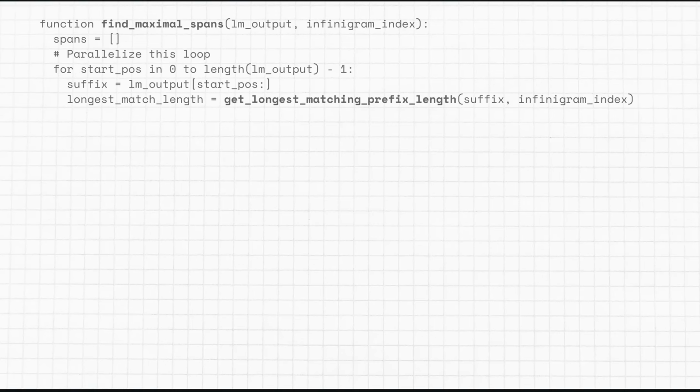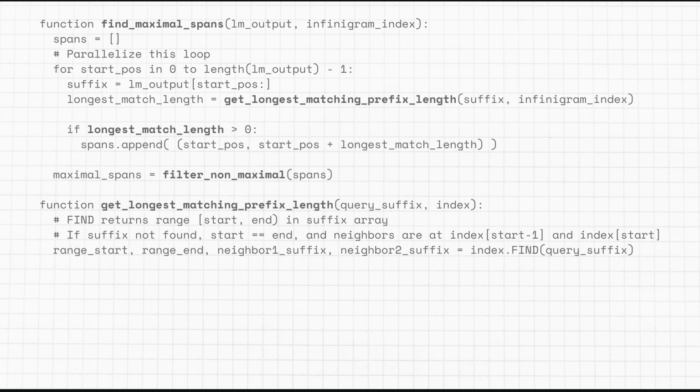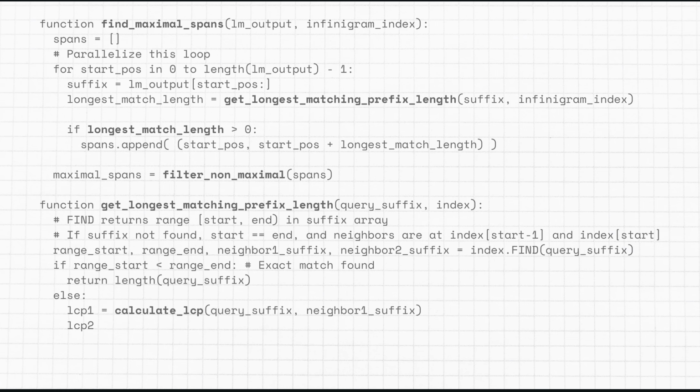The process starts by examining every possible starting position in the model's output. For each position, we extract a suffix, all tokens from that position to the end. We then query the Infinigram index to find the longest prefix of this suffix that exists in the training data. If the exact suffix isn't found, we look at the closest lexicographic neighbors and calculate the longest common prefix with each of them.